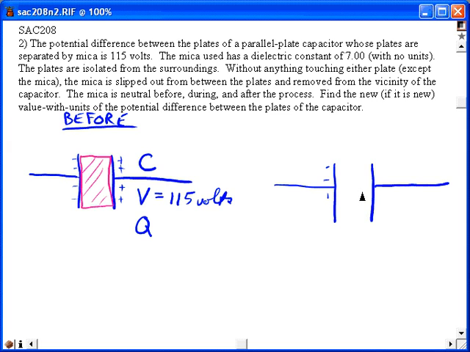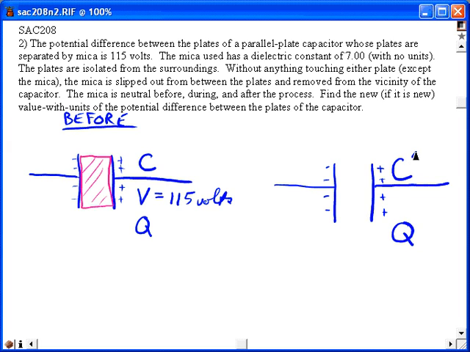Got the same amount of charge. No place for it to go. I'll call the amount of charge on there capital Q, as before, using the same symbol since it's the same amount.